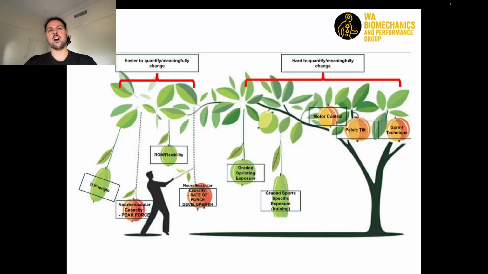So that stuff is hard to quantify and we don't know if we can meaningfully change it yet. I'm super happy if we want to try pick some of that high-hanging fruit, but there's no point picking it if we haven't picked that low-hanging fruit yet. So I just want everyone to understand that idea, and we're going to bang on about it in pretty much all of our little topics here.